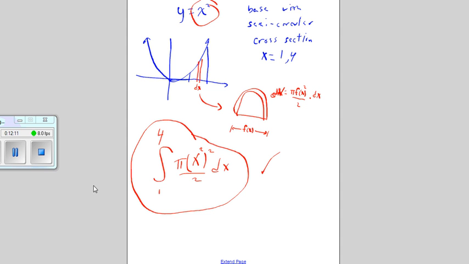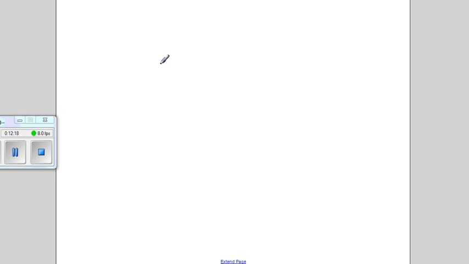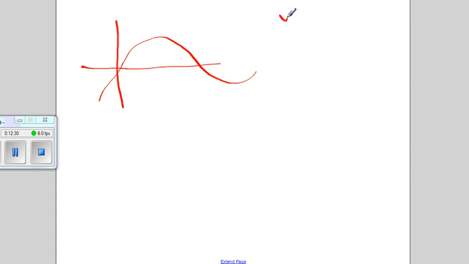Let's look at one more of these. And this is, I think, the hardest one for us to imagine. That's okay. So let's think about the graph y equals sine x. And y equals sine x creates a base.